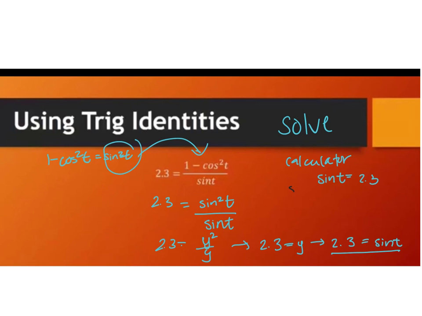Whenever we're solving this in the calculator, we would have to do the inverse of both sides. So then here we would get t, and then you run into a problem. Whenever you try to find the inverse of 2.3, your calculator might say error or something. What that means is that this problem has no solution, since it's not falling within the range of our sinusoidal function.